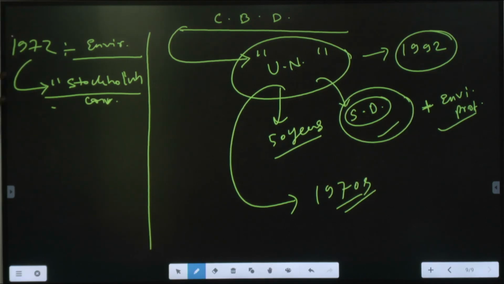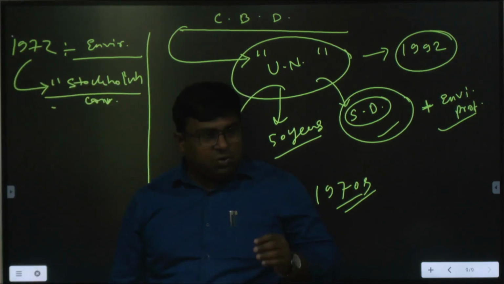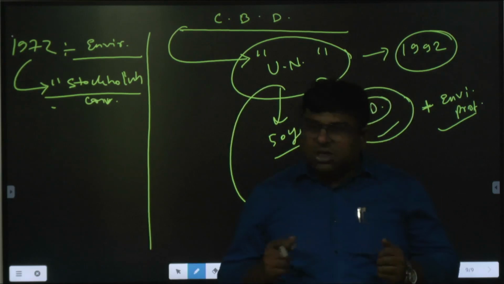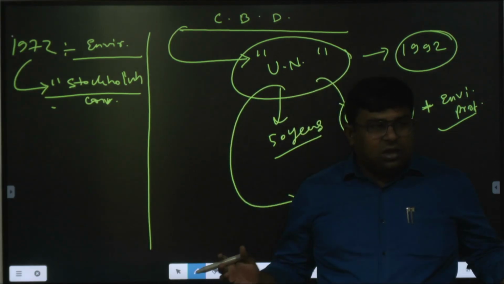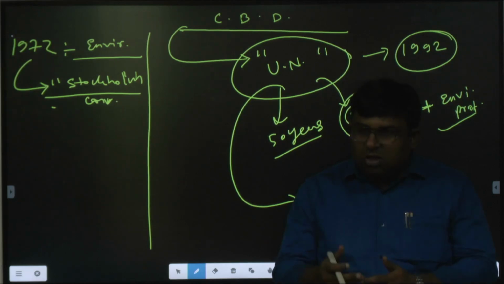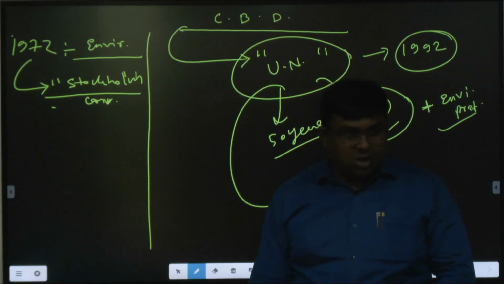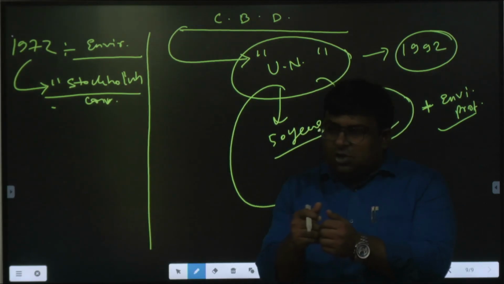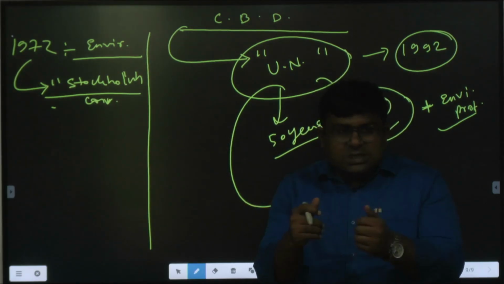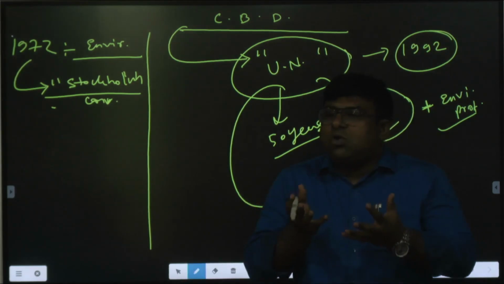this 1972 year was the peak year of Cold War. And due to that geopolitical tension, that international consensus could not be drawn on the subject of environment protection. क्योंकि पूरा का पूरा वर्ल्ड जो था वो यूएसए वर्सेस यूएसएसआर की लॉबीज में बटा था, इसलिए वो कंसेंसस डेवलप नहीं हो पाया.